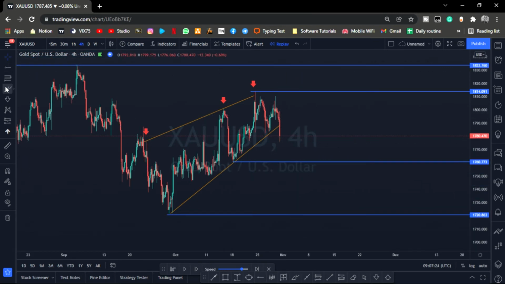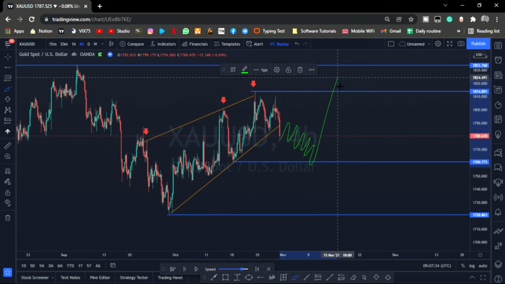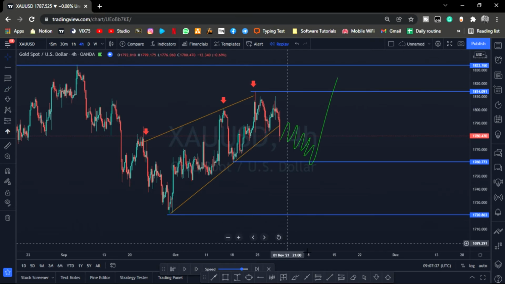Even though I'm looking for sells, I'm aware that price can come here very correctively and form a double bottom right here to give me a buy.